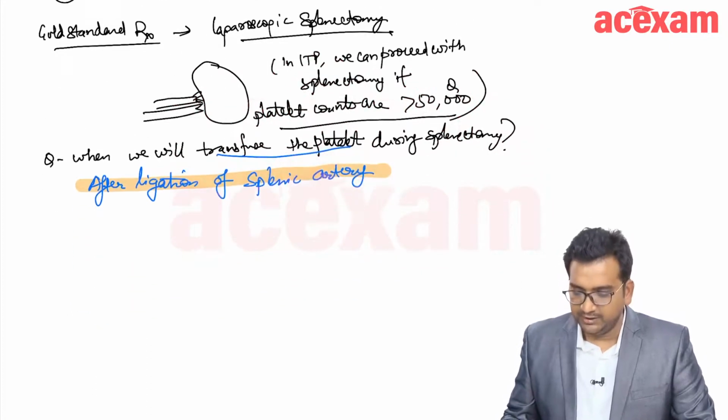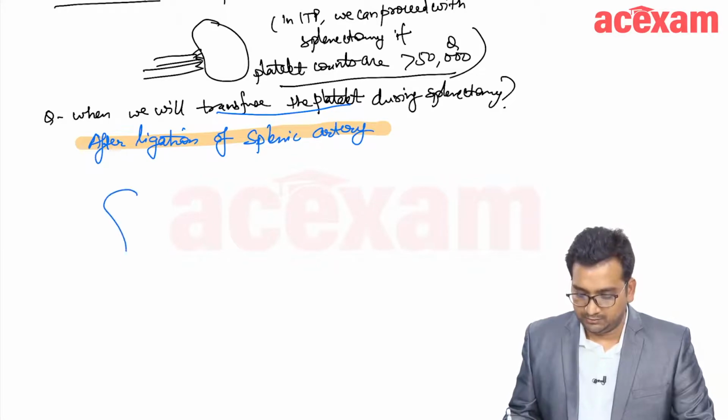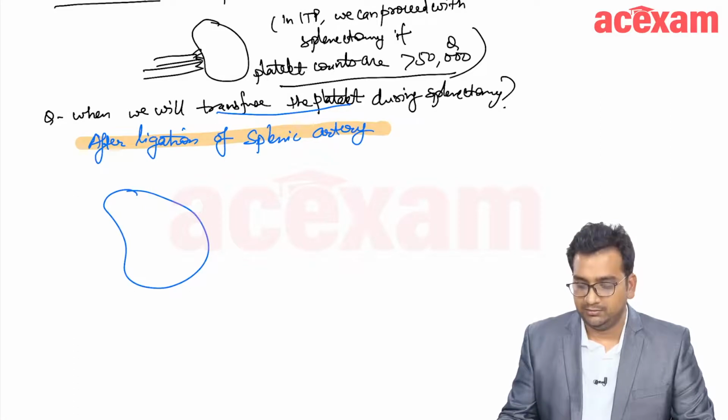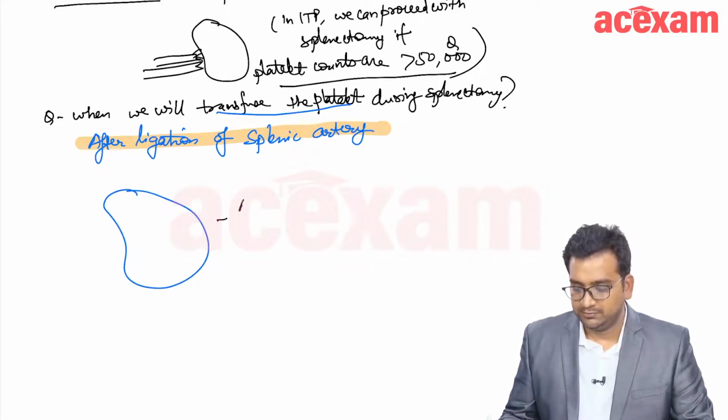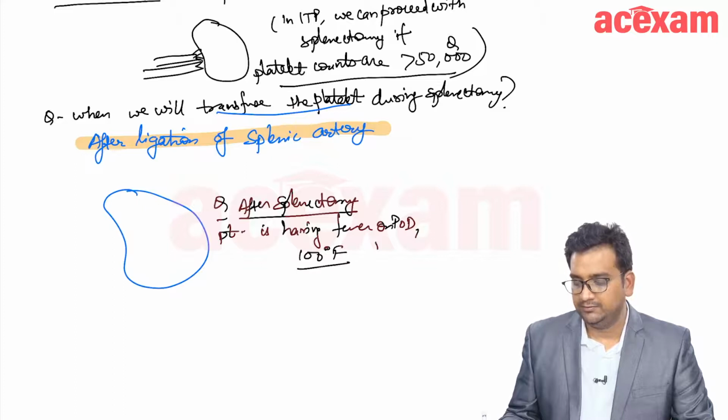Now we have done a splenectomy. After splenectomy, what is the most common complication? Or after splenectomy, the patient is having fever on post-op day 1, 100 degree Fahrenheit.